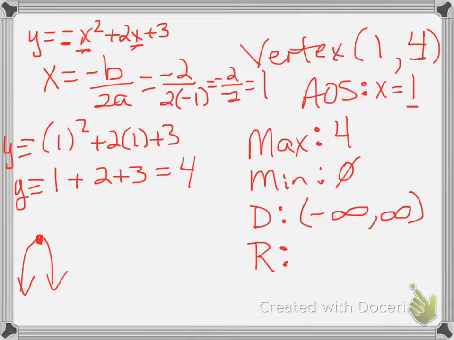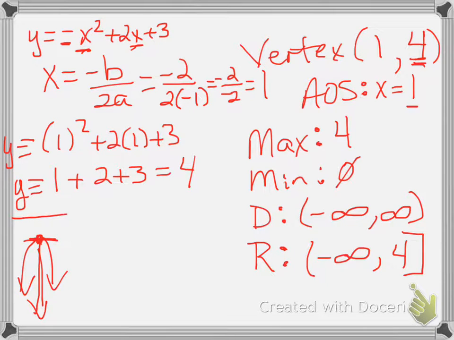Now remember, it starts at the top and goes down, so that means it starts at the lowest end at negative infinity, and it goes up and stops at, that's right, 4. Okay?